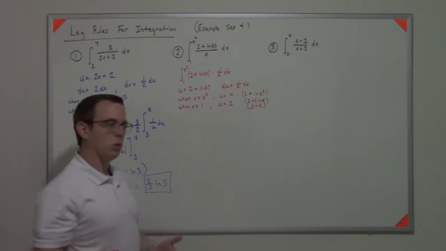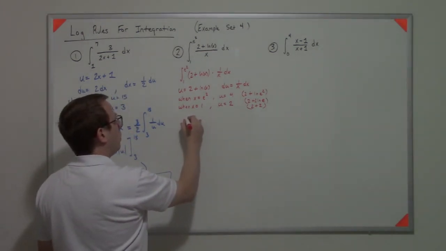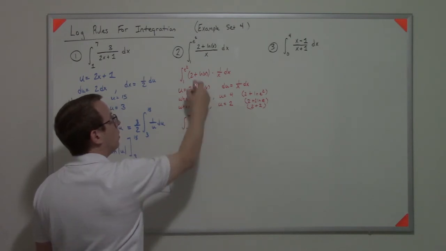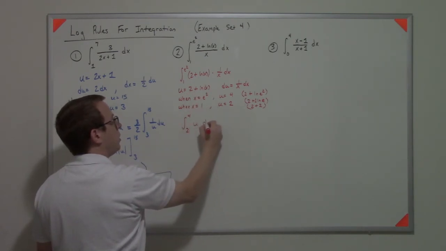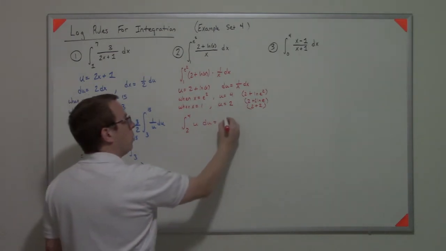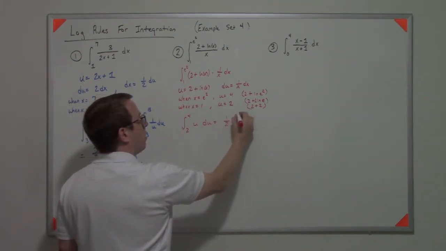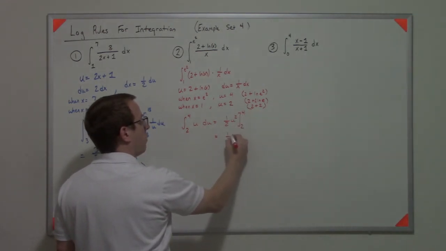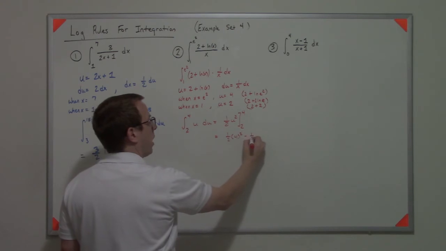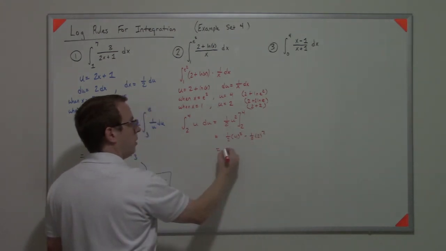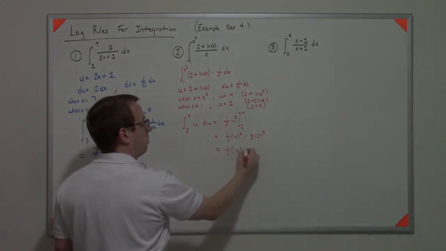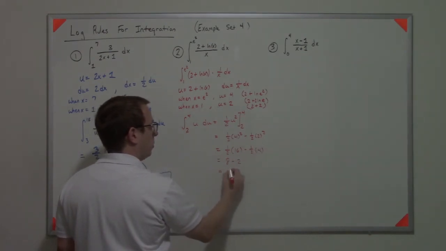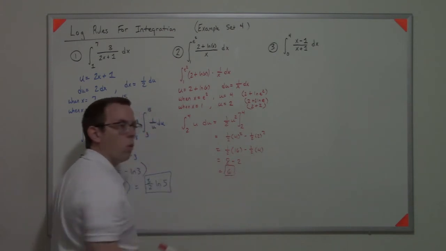So my new integral is 2 to 4 of u du, which is 1/2 u squared from 2 to 4, which is 1/2 4 squared minus 1/2 2 squared. 1/2 times 16 minus 1/2 times 4, 8 minus 2, or 6.